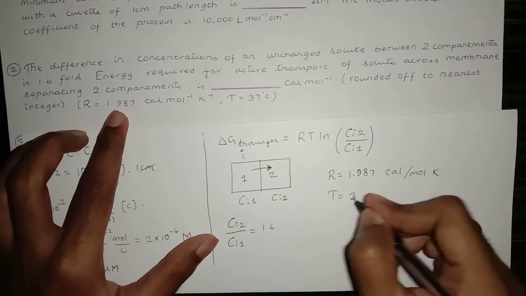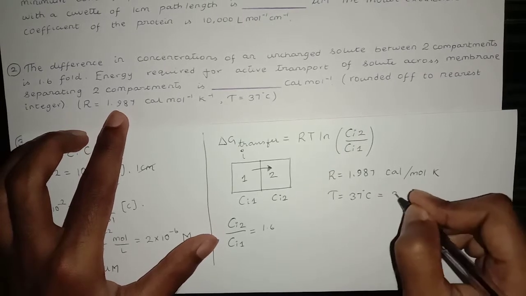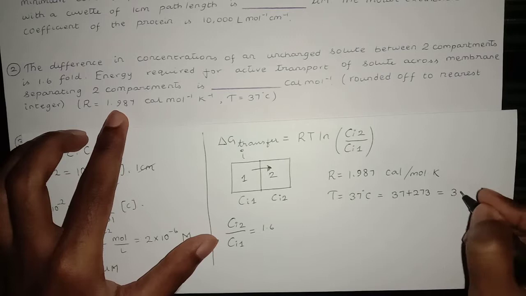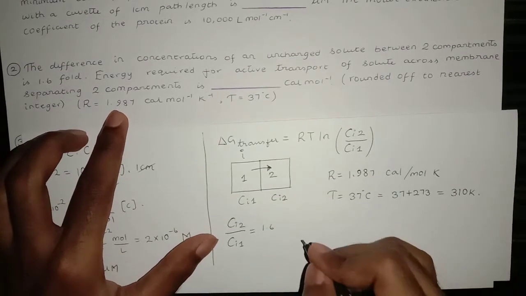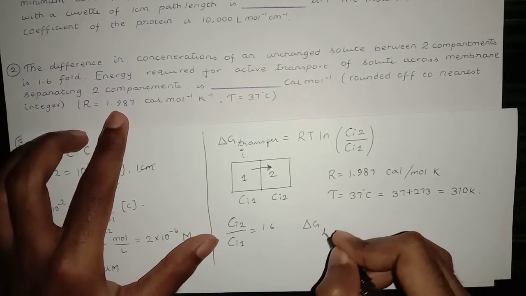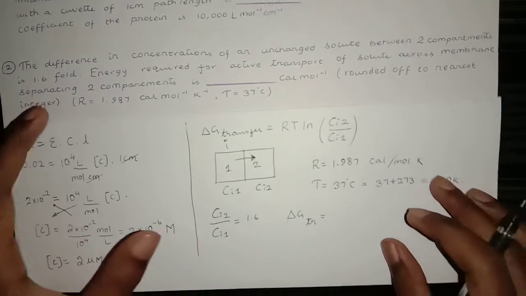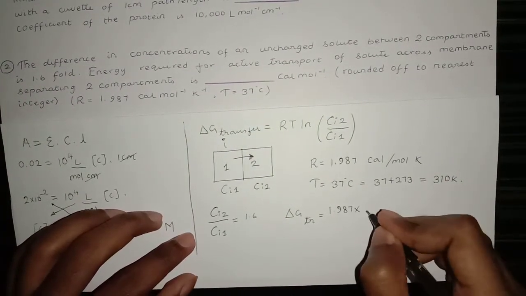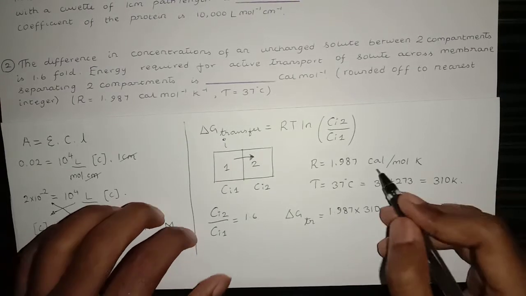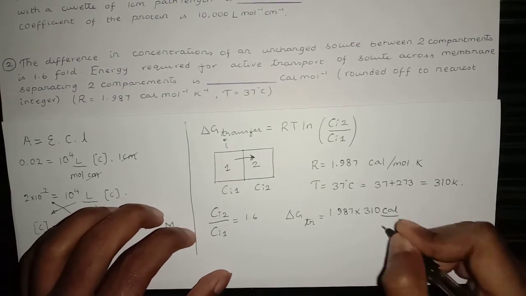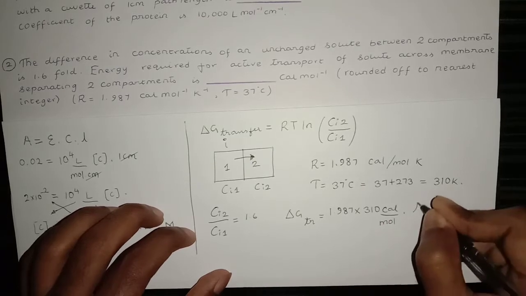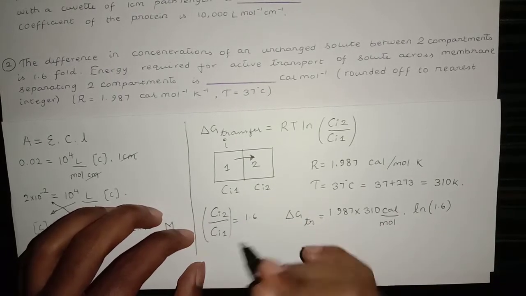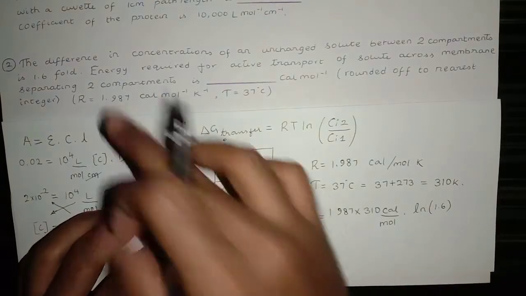Temperature is 37 degrees Celsius, which is 37 plus 273 Kelvin. So it's 310 Kelvin. Therefore, delta G transfer is equal to 1.987 times 310 unit calorie per mole times ln of 1.6, that is Ci2 over Ci1 ratio is 1.6 fold.